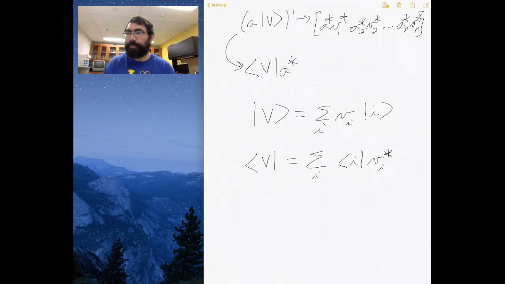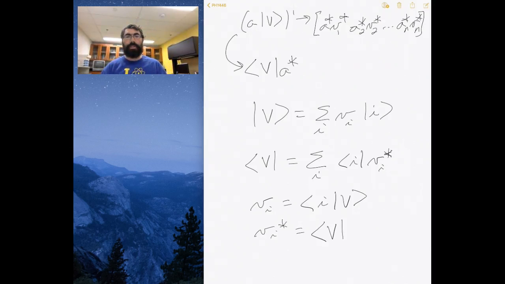So the coefficient I found by taking the projection of the I dimension onto the vector v, its complex conjugate is basically switching it around: taking the bra of the vector v and the projection in the I dimension.